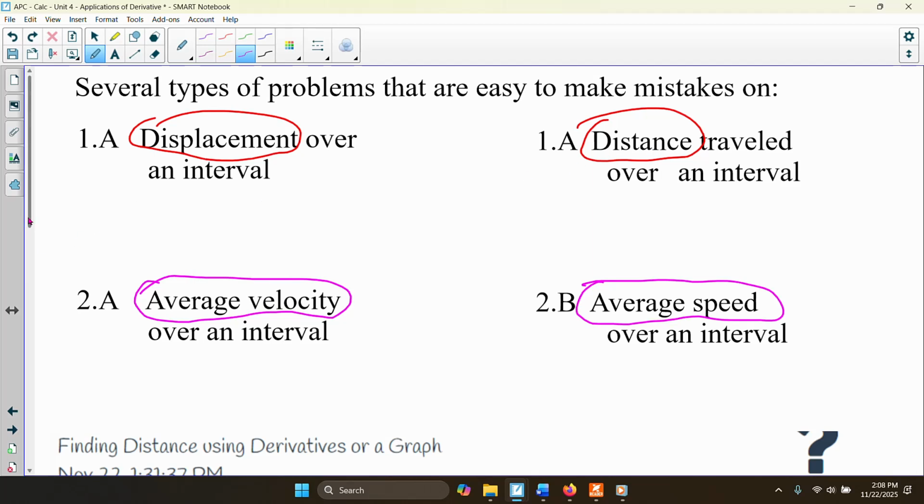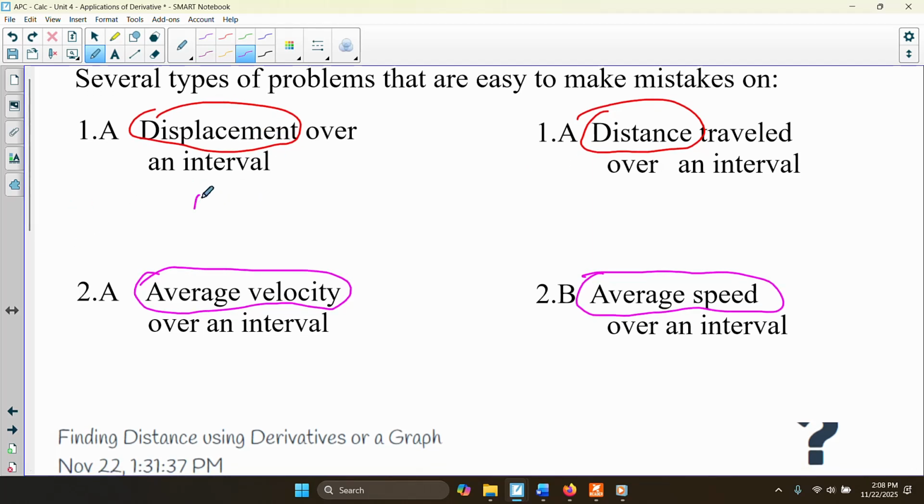So remember, displacement is change in position, right? So change in s over change in time, which really is s final minus s initial, or s sub-zero, divided by time, how long it took you. This part is the displacement.